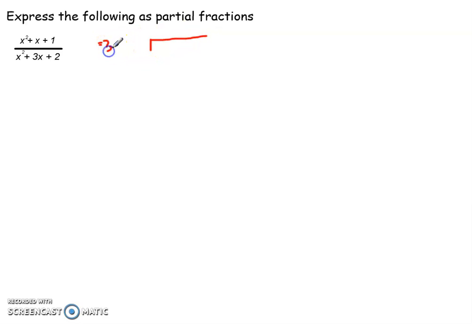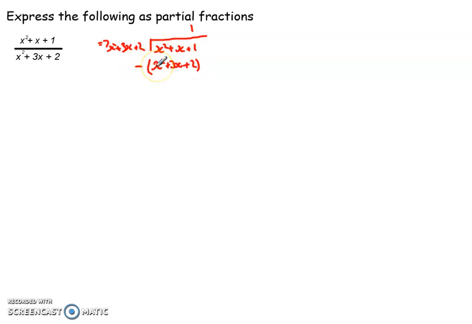So we take the denominator and put it outside, so x squared plus 3x plus 2, and under the division we've got x squared plus x plus 1. Now you should remember the technique for this. Take the number in front and divide by it, so x squared into x squared gives me 1, and then we do 1 times the expression outside, x squared plus 3x plus 2, and subtract them from one another.